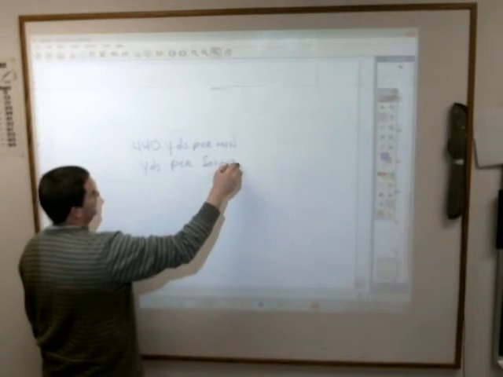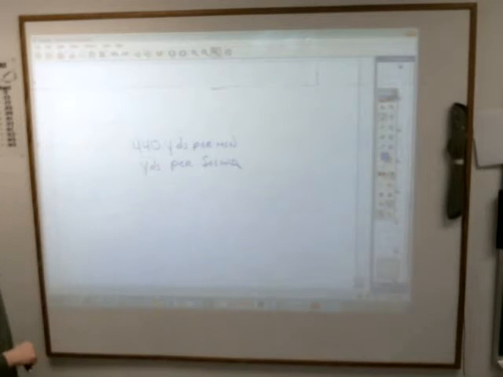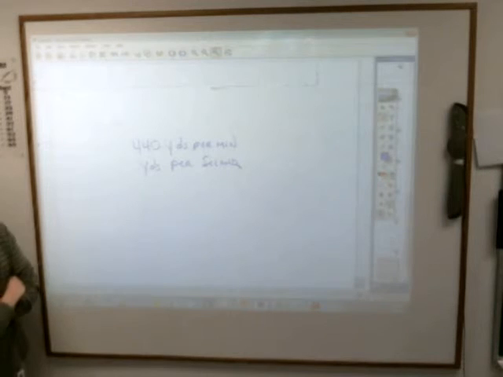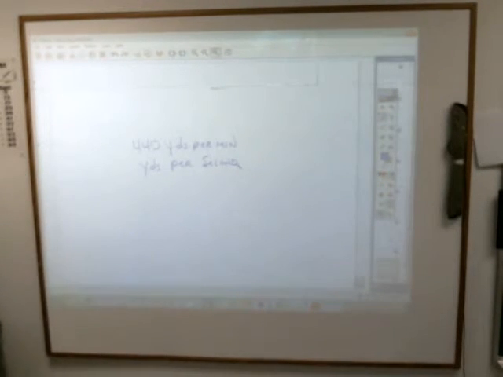Now I'm going to tell you right off the bat, it's not pretty. This one will not be pretty. Yards per minute to how many yards per second? 440 yards per minute is how many yards per second?